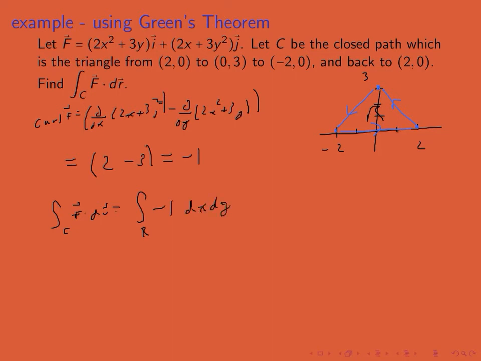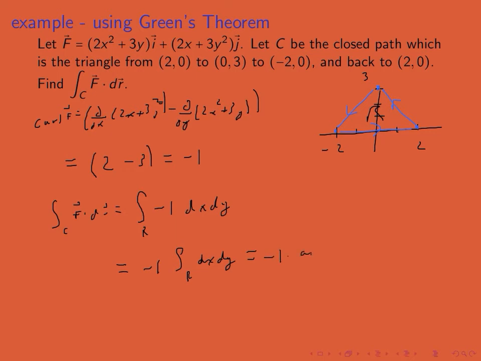Okay, so let's just check a couple things before we finish. Notice this vector field is defined everywhere. There are no holes inside this triangle. As I walk around the triangle, the region is on my left-hand side. So we're set to apply Green's theorem. And notice that I can pull out the minus 1, and I simply have the integral inside the region dx dy, but that's just the area of the triangle.